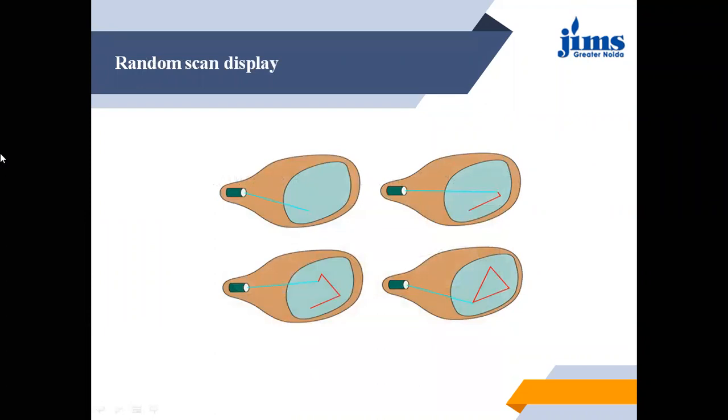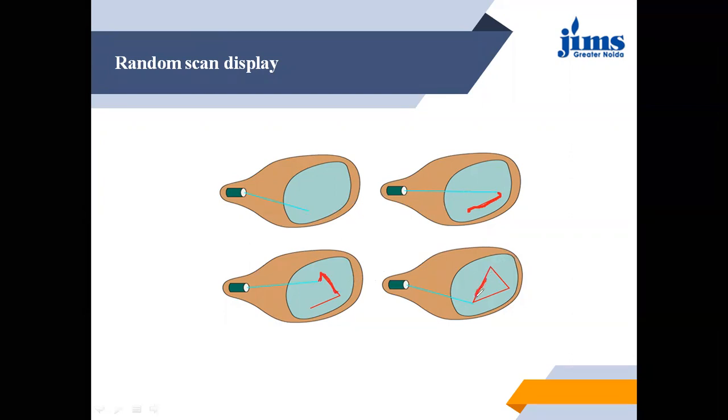Whereas in the case of random scan display, the electron beam strikes only at the positions where the image has to be displayed. Suppose this image has to be displayed, then the electron beam will first transfer to this point, strike at this point, then continue striking in this way, from this point to this point to this point.